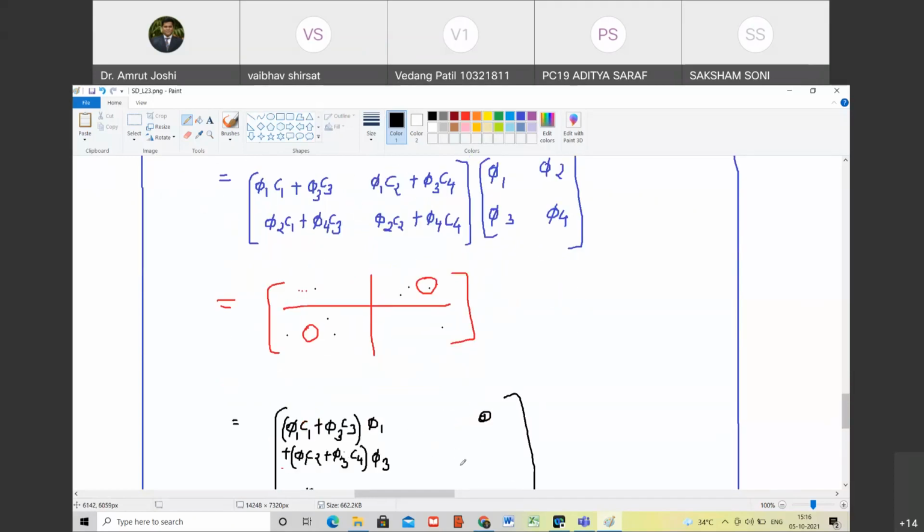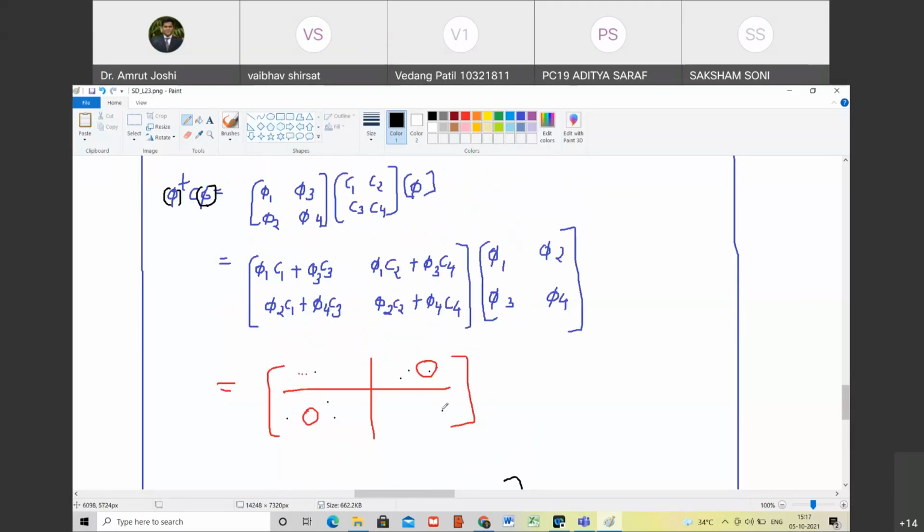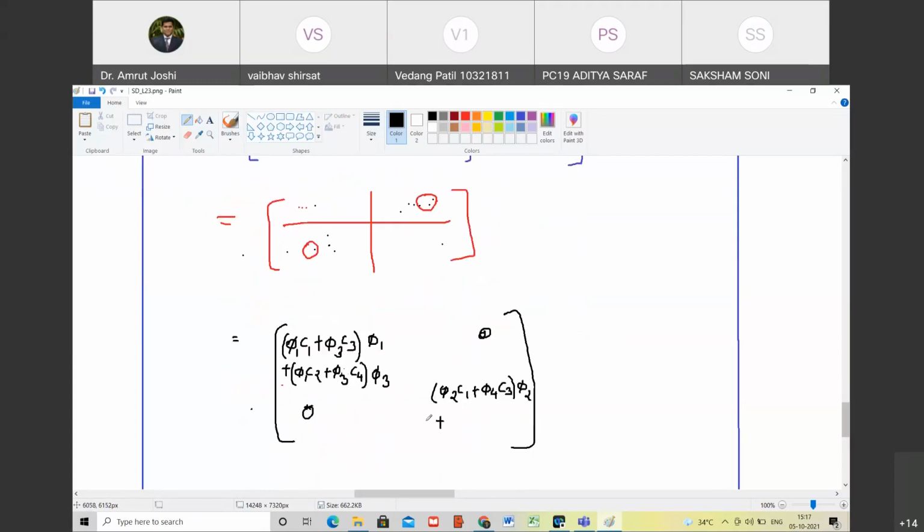This element. So let me write down that. So it is going to be phi 2 C1 plus phi 4 C3, happy, into phi 2. Plus... एनीवे एक काम अच्छा हो गया कि मैंने आपको प्रूव करके दिखाया कि ये डायगोनल मैट्रिक्स है, ये तो जीरो हो गए. हाँ, लेकिन हमें करना क्या था, हमें ऑफ डायगोनल एलिमेंट्स लिखने थे.